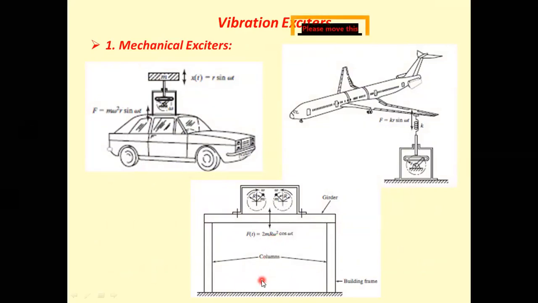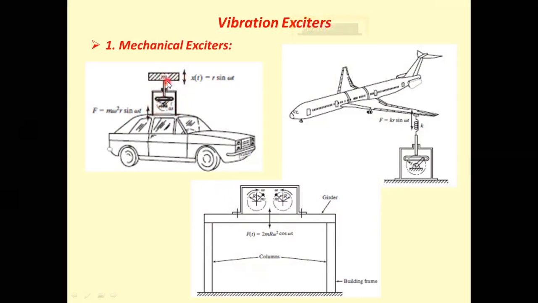Now, mechanical exciters are excited by using two mechanisms. First, by using the Scotch-Yoke mechanism. This is the diagram shown for the Scotch-Yoke mechanism.